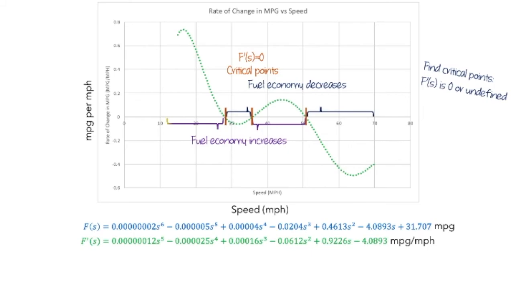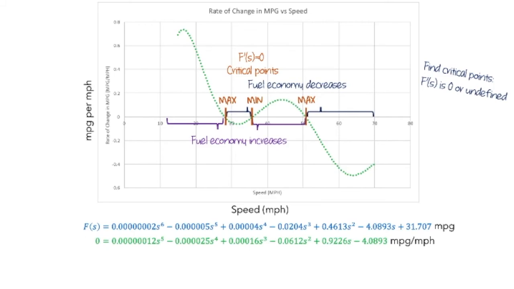Next, we need to figure out whether each critical point corresponds to the maximum or minimum value of the function. When the fuel economy switches from increasing to decreasing, the fuel economy is hitting a maximum value. That also happens right here. Similarly, when the fuel economy switches from decreasing to increasing, the fuel economy is hitting the minimum value. To find the actual values of the critical points, we need to use a formula to plug the values in.